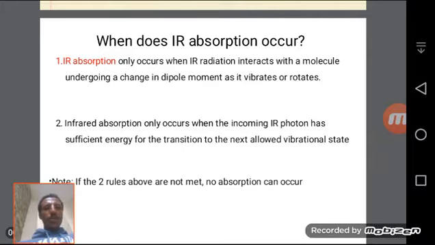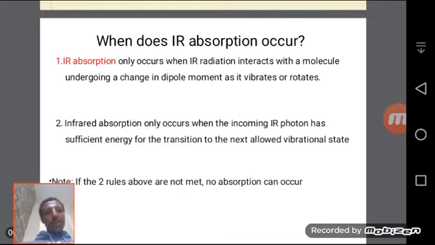That means when IR radiation bombards a molecule that changes its dipole moment, the molecule absorbs infrared radiation. Otherwise, when there is no dipole moment change, there is no IR absorption.